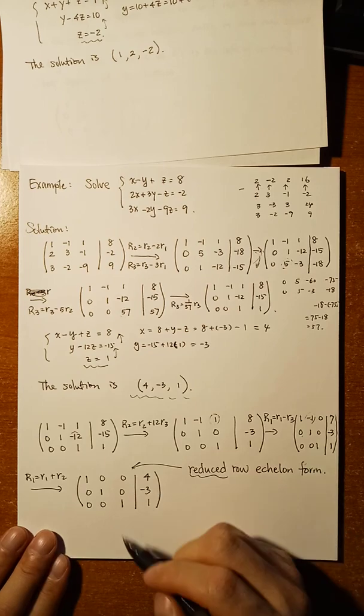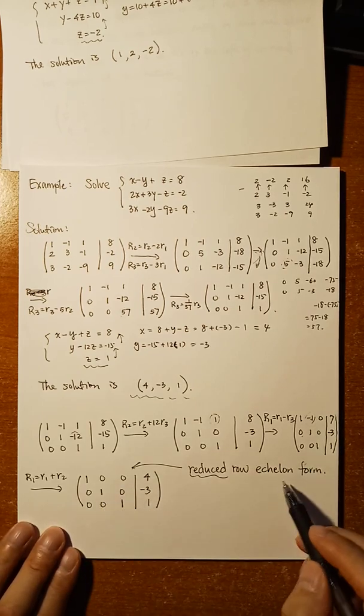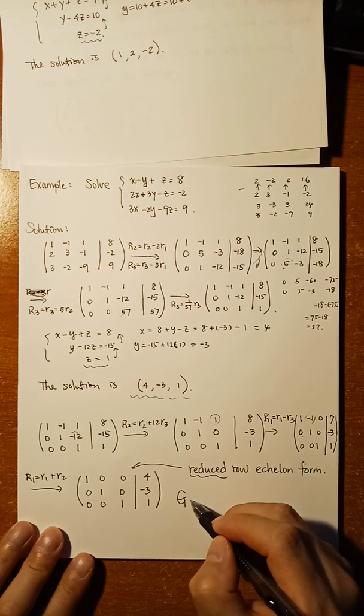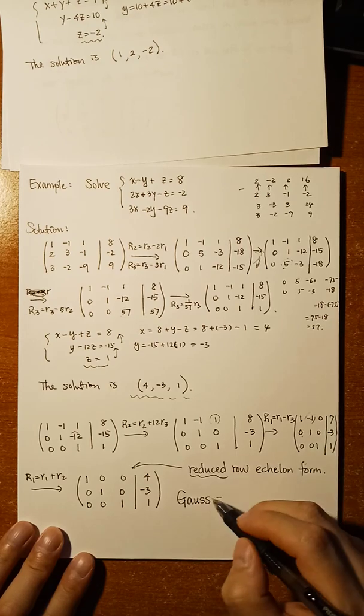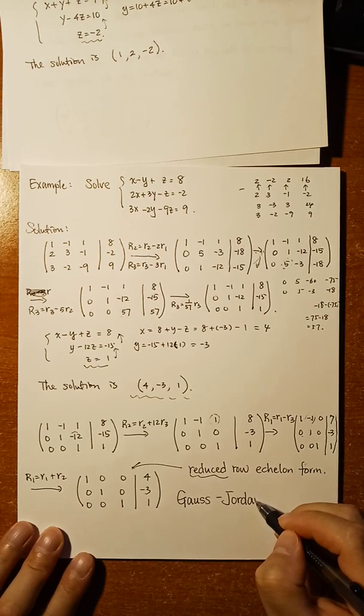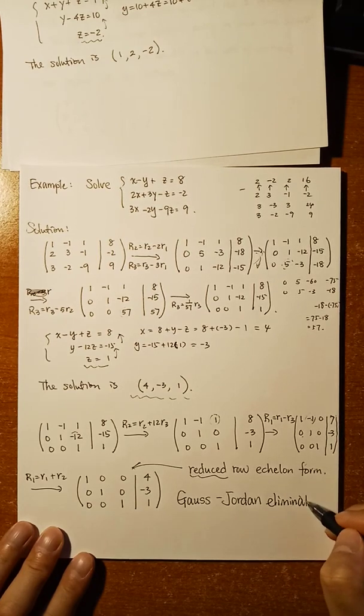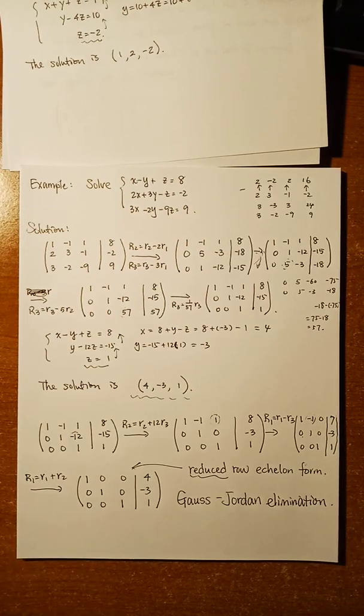Okay, and this method of finding the reduced row echelon form and then getting the answer is called the Gauss-Jordan elimination. Once you reach the reduced row echelon form, you can directly see what the solution is.